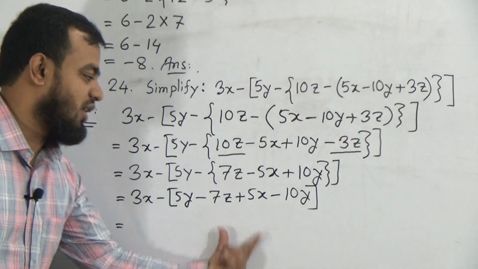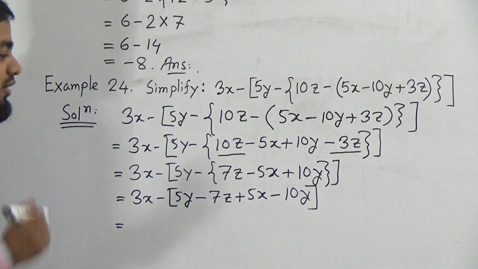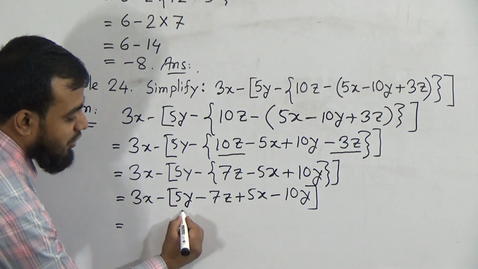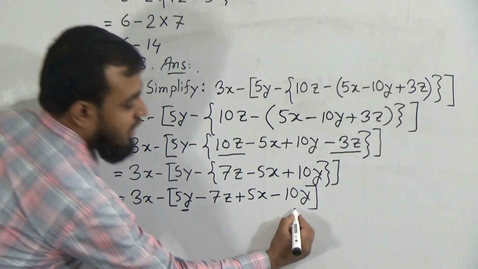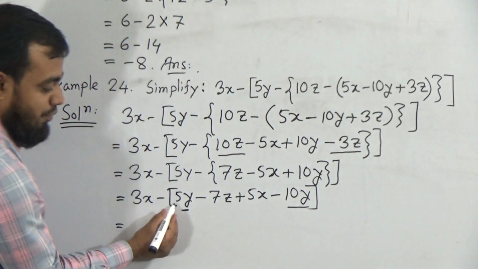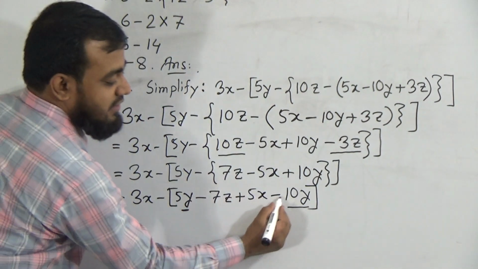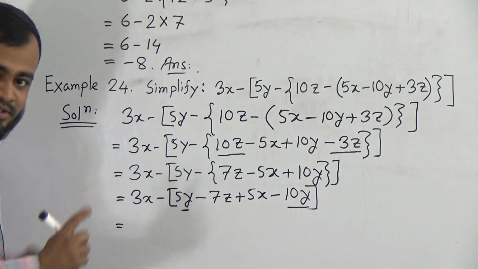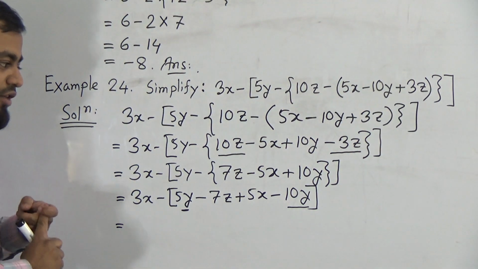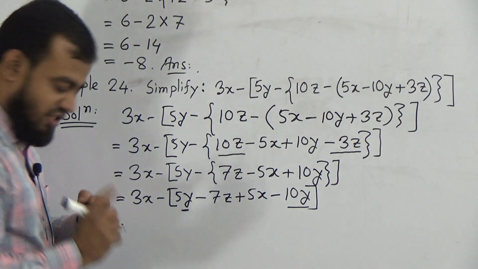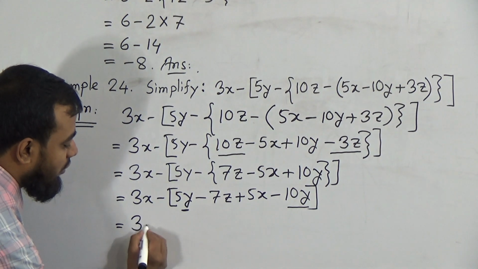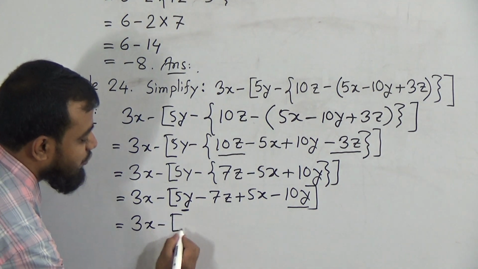In the third bracket there are 4 terms, and my dear students, look very carefully, two variables are similar terms. That means it is plus 5y and it is minus 10y. These two terms have similar variables, so we can add or subtract. Other terms will remain unchanged.